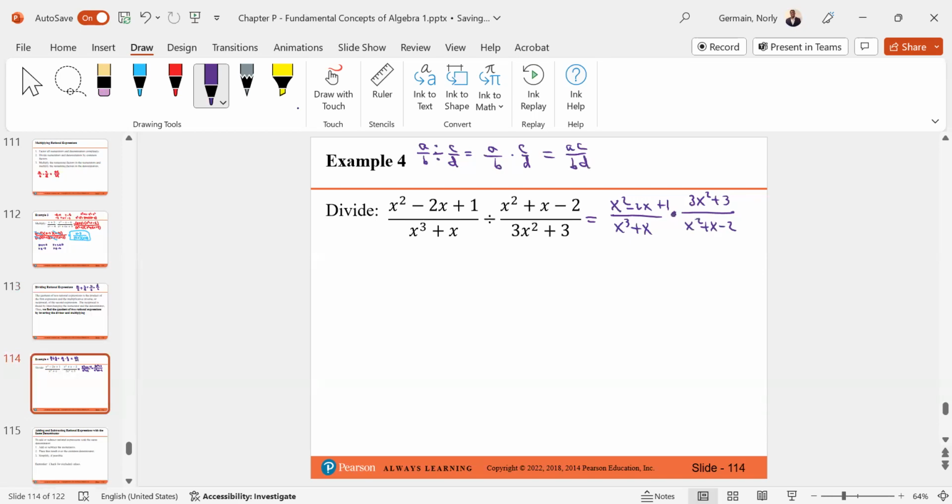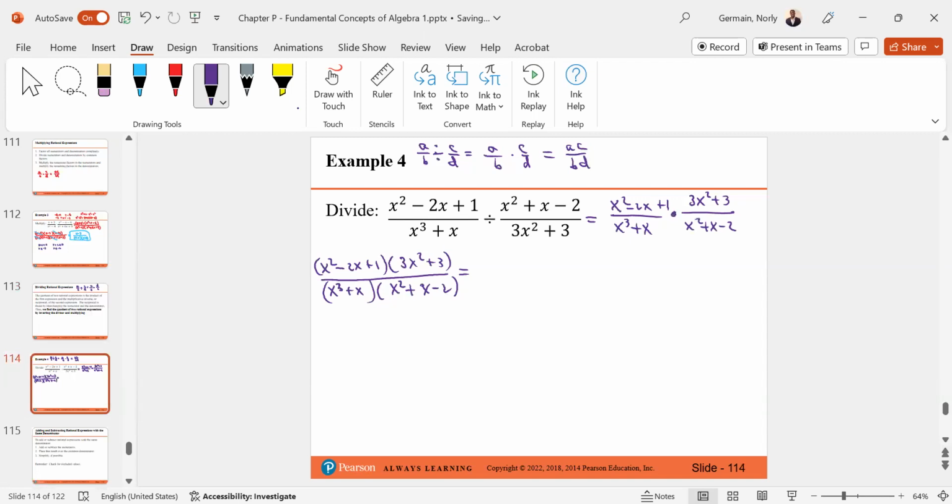So what we're going to do here, we have x squared minus 2x plus 1, and we multiply it by 3x squared plus 3 over x cubed plus x, times x squared plus x minus 2. Now let's factor. The coefficient of x squared in the first one is 1.